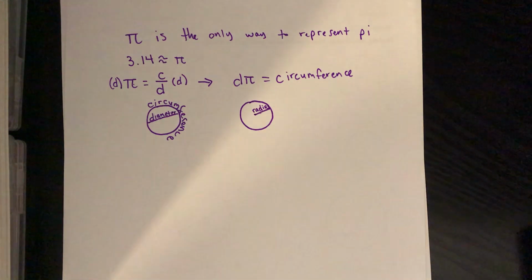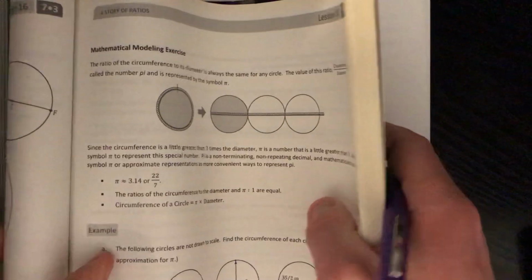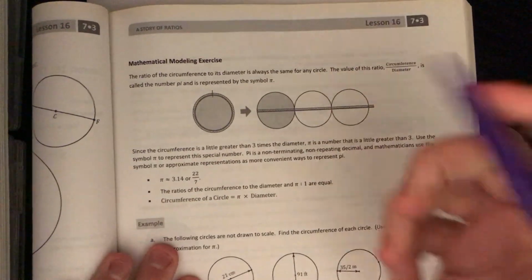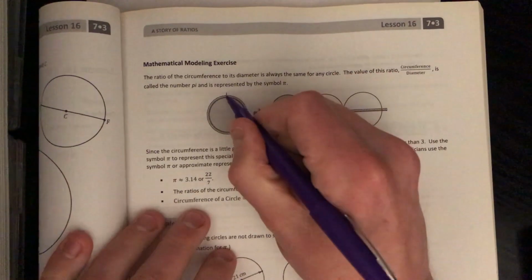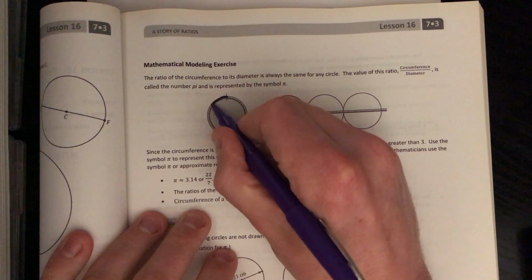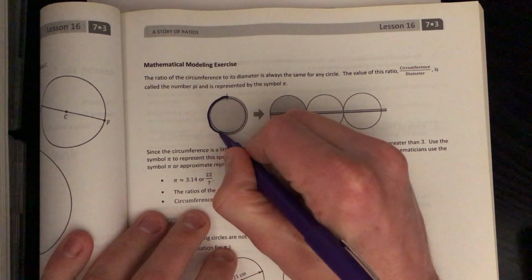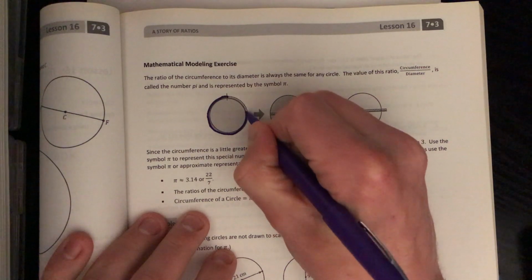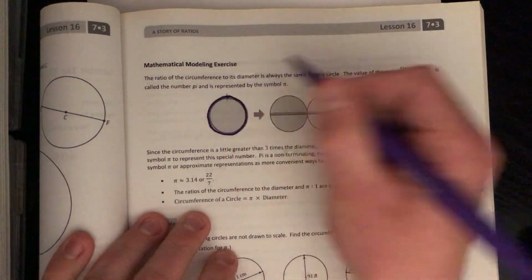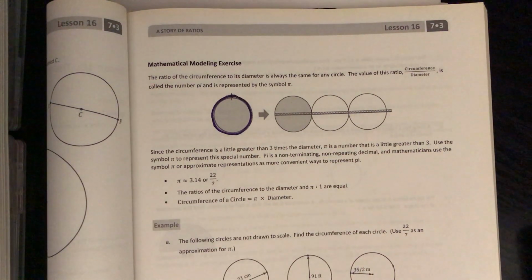I want to show you one thing that's in your book that we didn't get a chance to really look at, but it's just a diagram that they use to illustrate this idea that the circumference of a circle, which they outlined in this rope pattern around the outside of this circle here that I'm just outlining in purple right now.